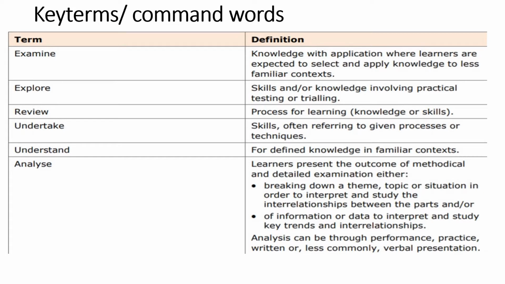So looking at the relationship between that, how it affects the body, and then how they affect their overall life, quality of life. So usually for the analysis, they tend to be more the merit level questions or sometimes the distinction. Whereas some of the others will maybe more linked to the pass criteria.